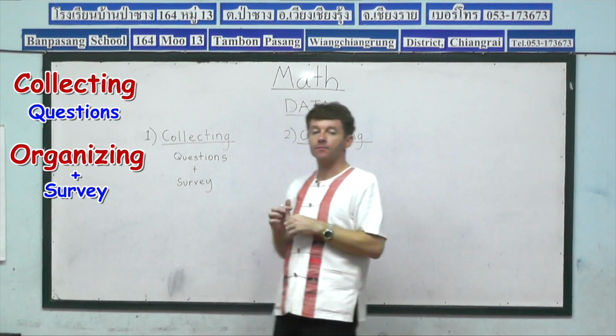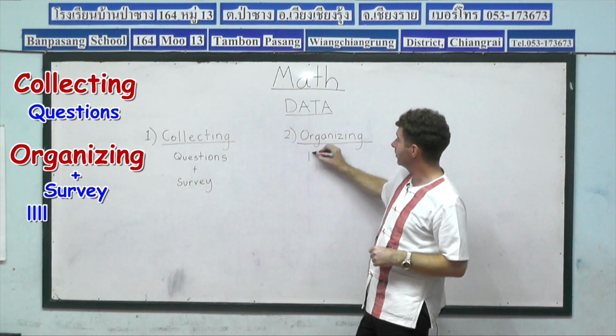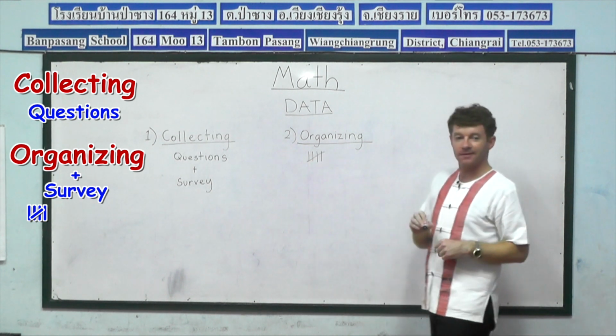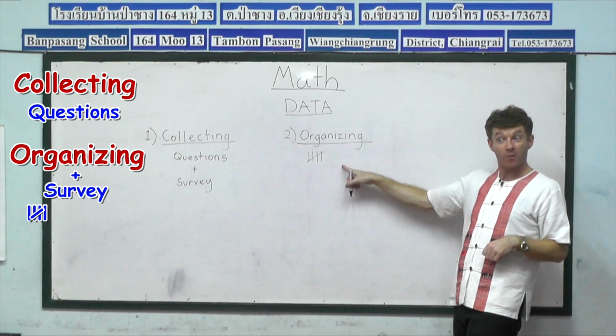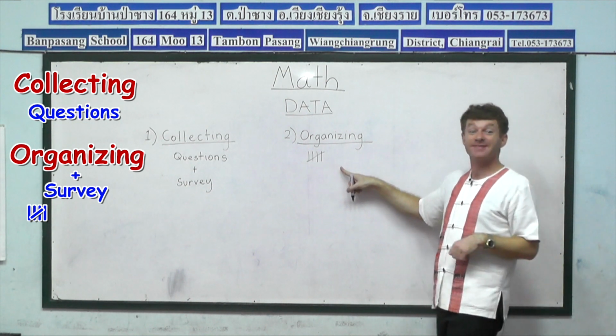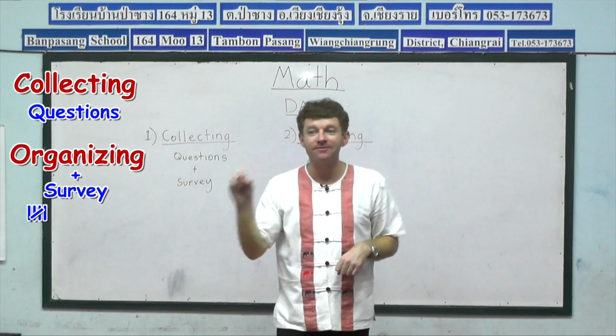I'll give you a clue. I'll draw one on the board and see if anybody can remember. 2, 3, 4, 5. Does anybody remember what we call this system of counting numbers? Begins with T. Tally. Tally chart.